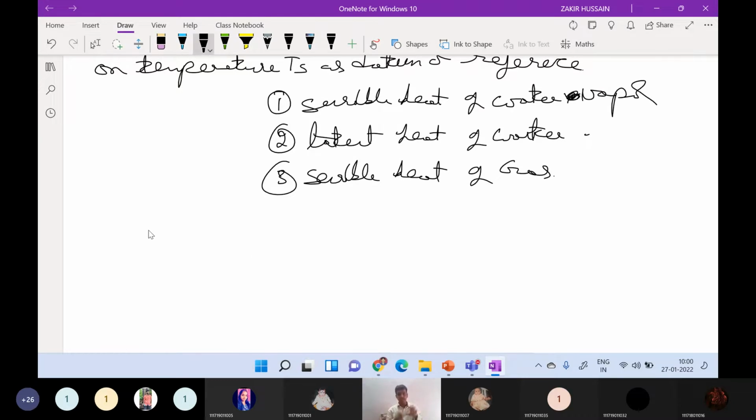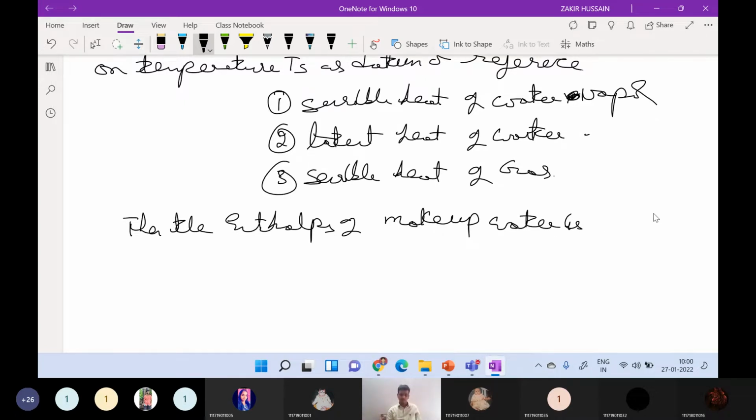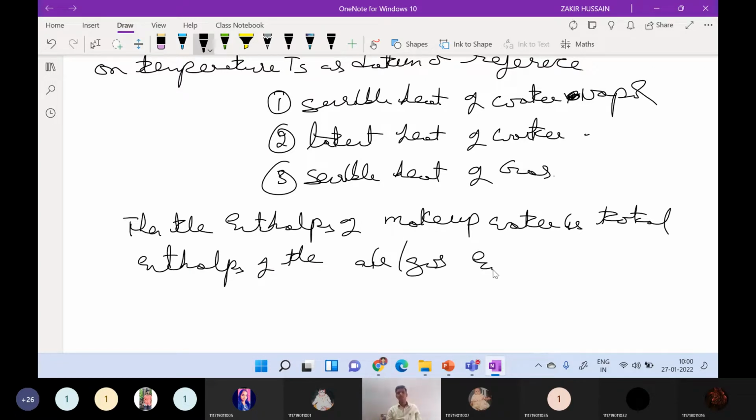Then under these conditions, there is an adiabatic saturation condition. Entirely there is an adiabatic condition. Then the enthalpy of makeup water and total enthalpy of the air or gas will be equal to that of the leaving gas.